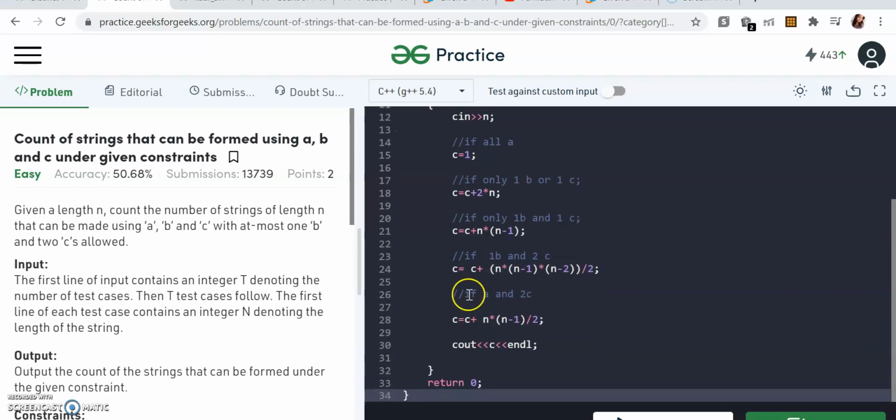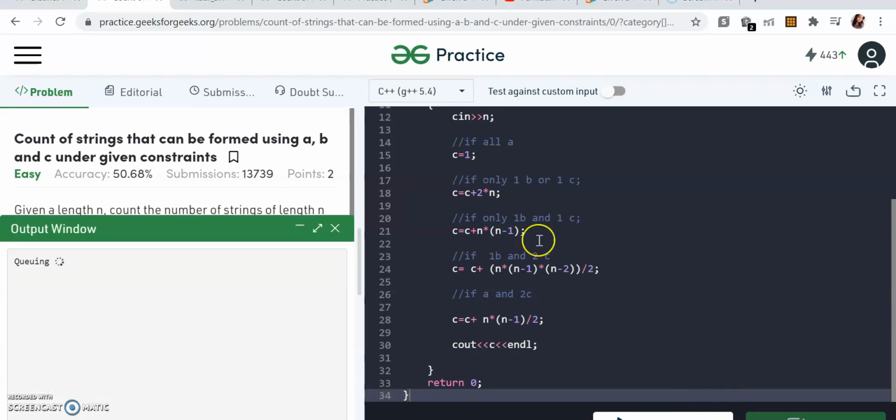And then lastly 1A and 2C. So finally whatever count we have will be the total number of strings that can be formed. So I'll just submit it quickly, and then we can see if we have got the answer right.